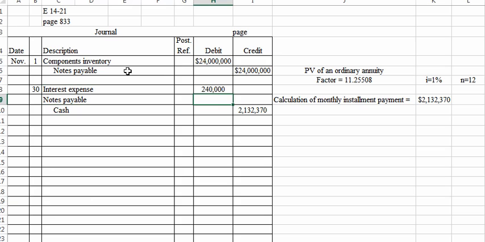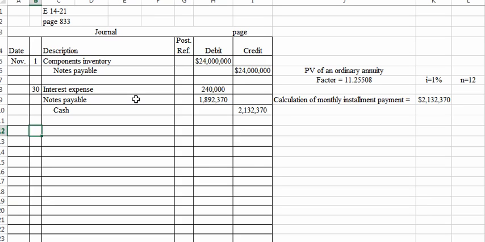So the debit to notes payable would be equal to the payment minus the interest portion, $1,892,370. Okay, you guys, so that takes care of the first instruction with this journal entry. Takes care of the second instruction with this journal entry.